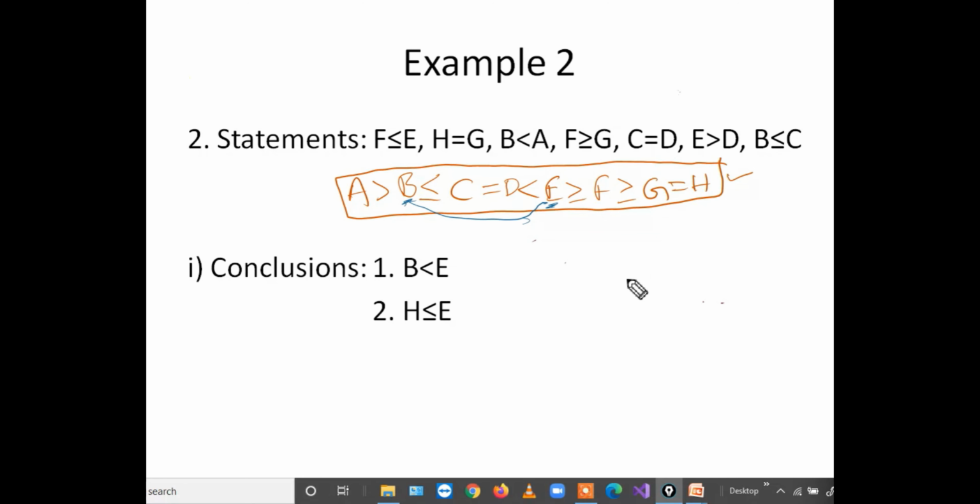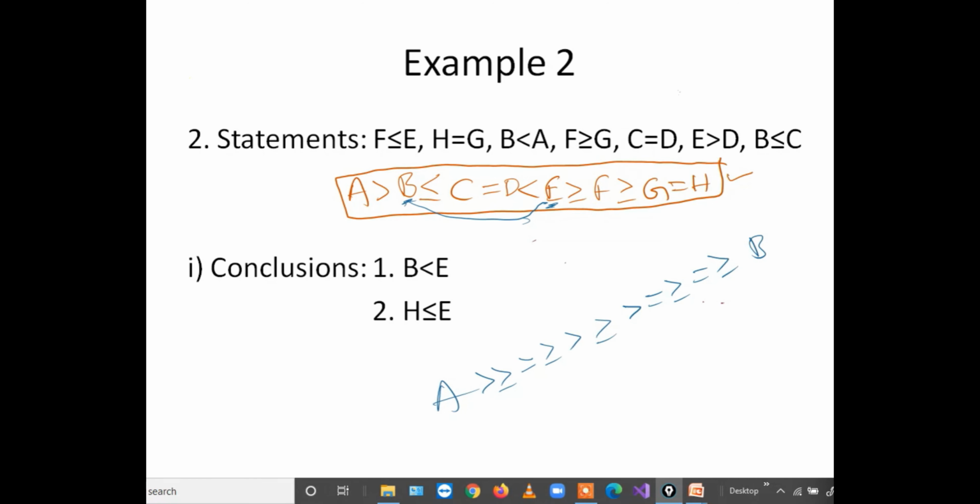What is that one? See. Suppose A is here, greater than or equal to, greater than or equal to B. Okay. What is the relation between A and B?